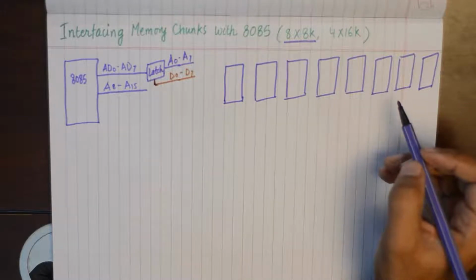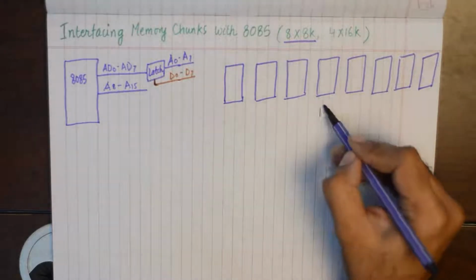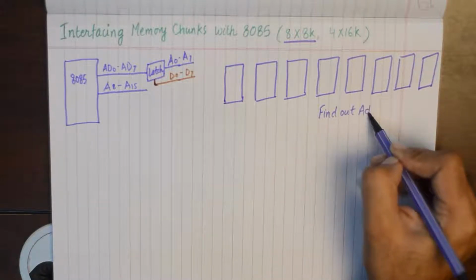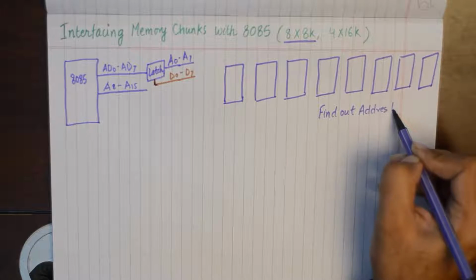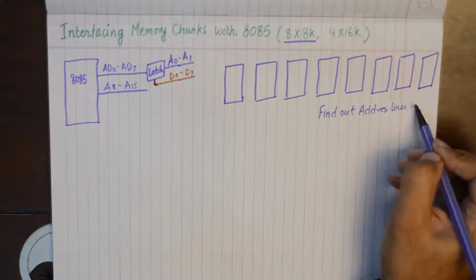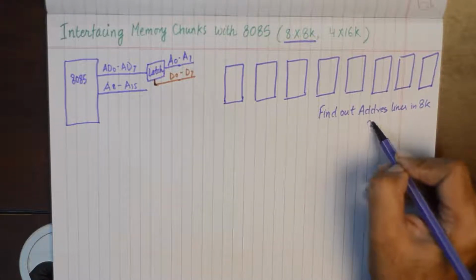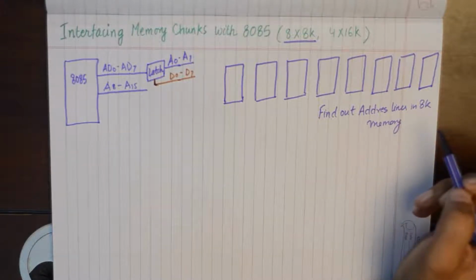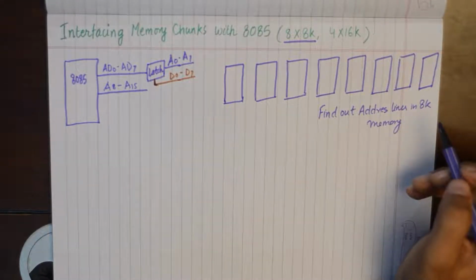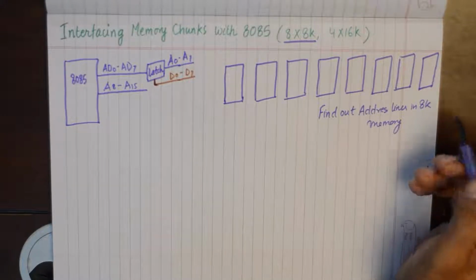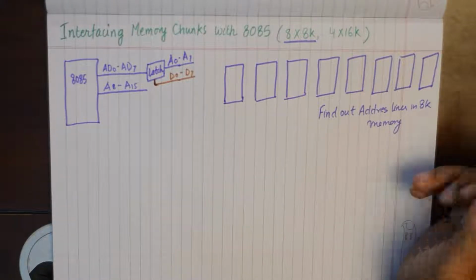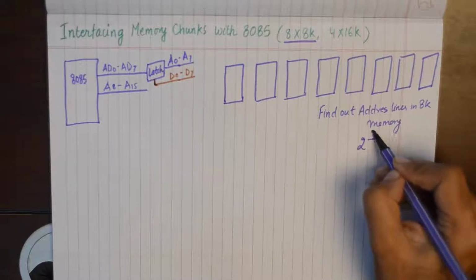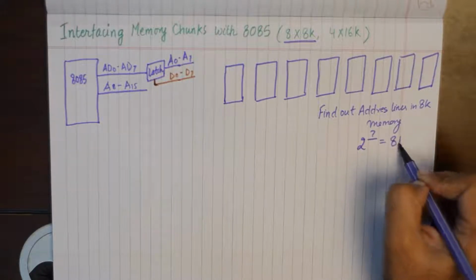We need to find out the address lines in 8K memory. Now 8K memory will have 2 raised to the power something equivalent to 8K.